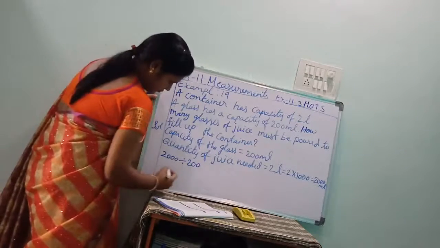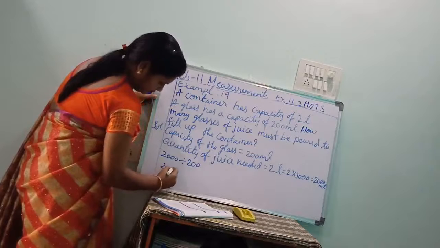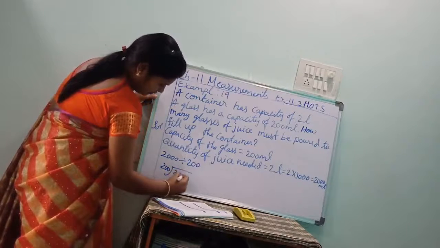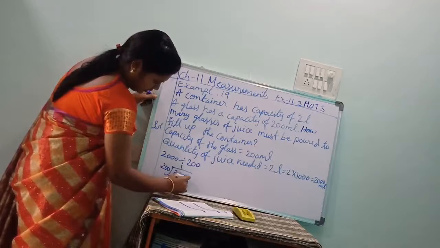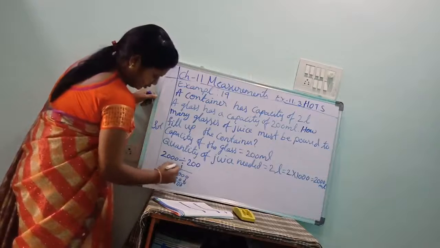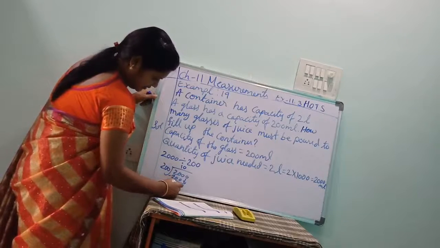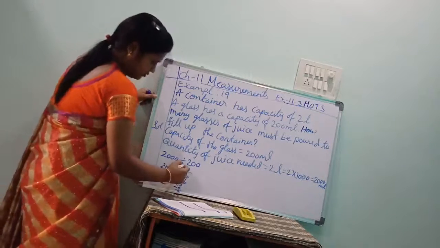Then 200 ones are 200, minus, 0, 0, 0. This 0 you should take down. 200 zeros are 0, 0. What is that? 10.